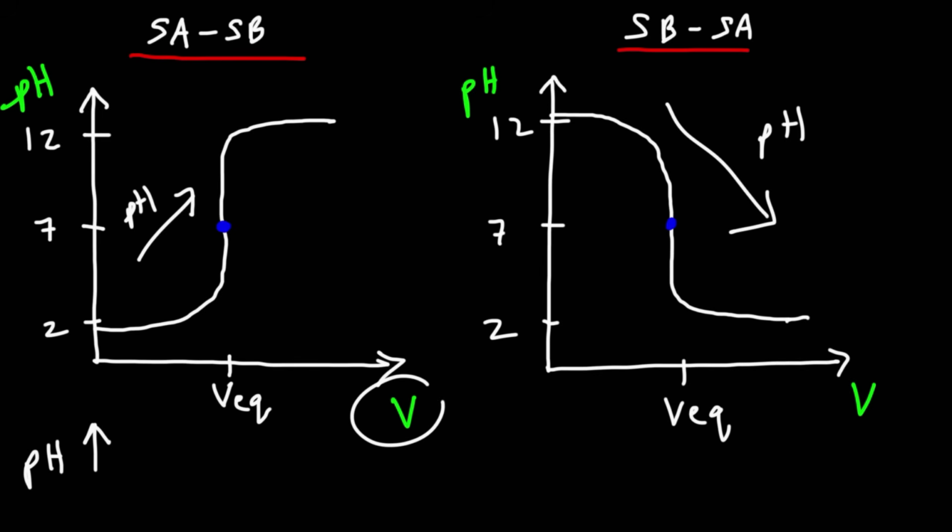Now for the titration curve on the left, this corresponds to the volume of the strong base that was added to the solution. Here, this corresponds to the volume of the strong acid that was added to the solution. And the equivalence point occurs when the curve is essentially vertical. So whenever you have a slope that's very steep, almost vertical, that's where the equivalence point is going to be located.